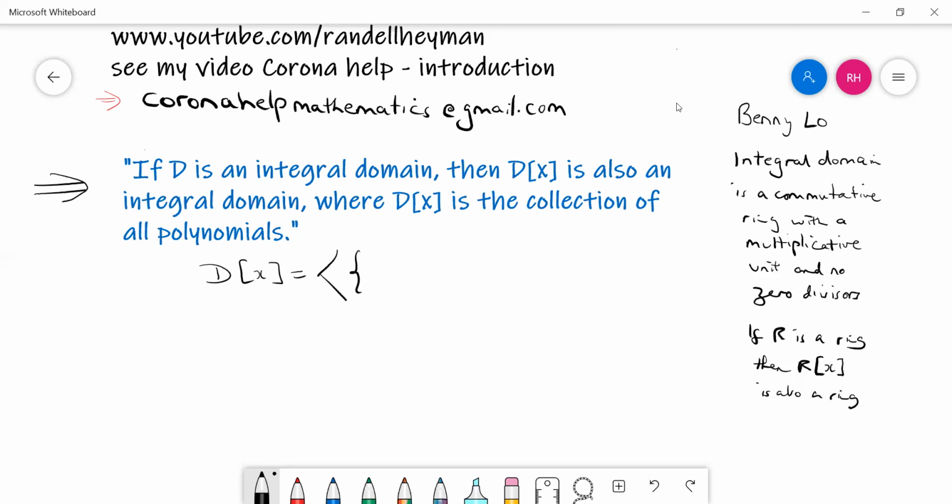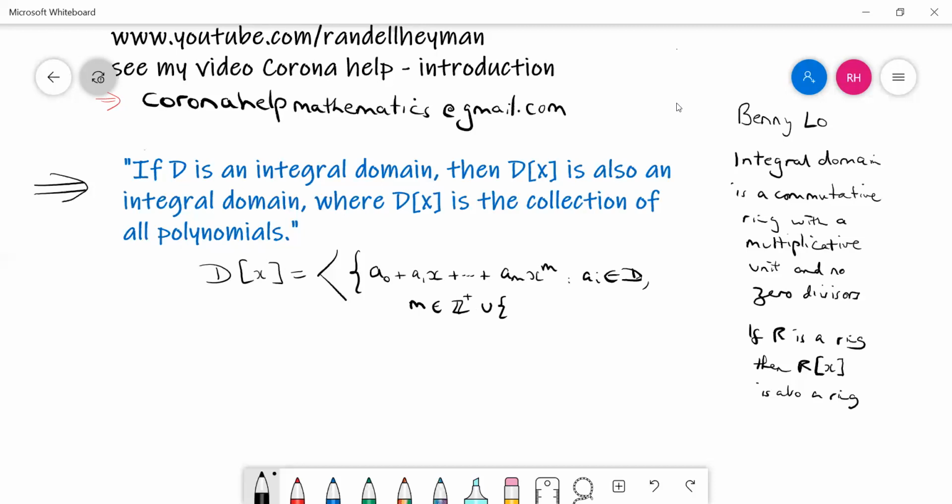It's the set of a0 plus a1x plus dot dot dot plus amx^m, where each ai is an element of the domain D, and m is a non-negative integer, well, it could be 0.